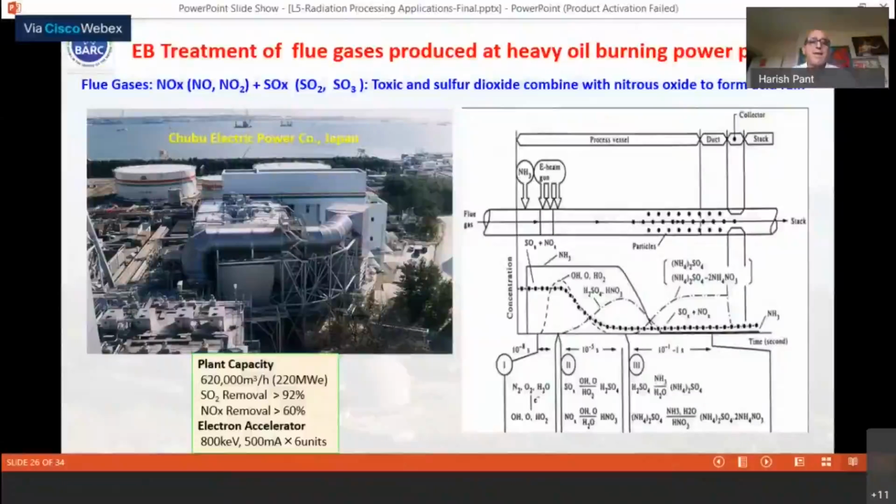So here, electron beams are now used for treatment of the flue gases. This is an electric power plant in Japan, Chubu electric power plant. The exhaust gases are coming through these pipes, and then they are sent inside this building, where there are electron beams.